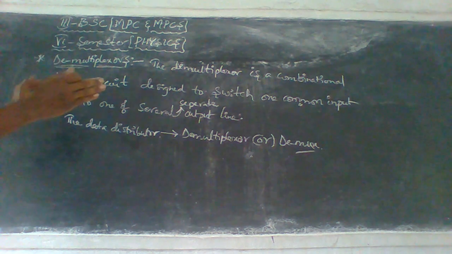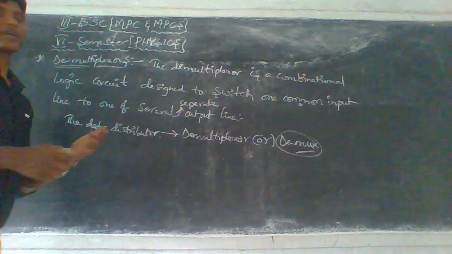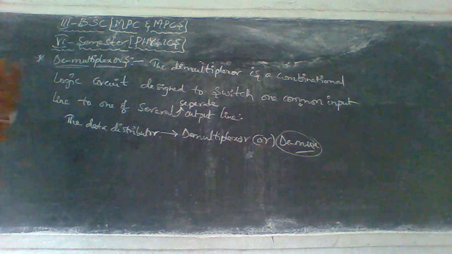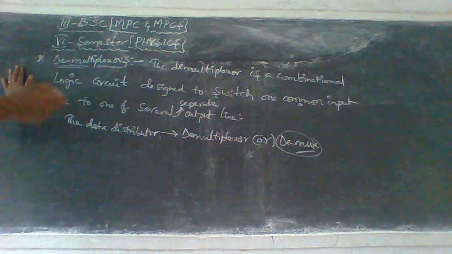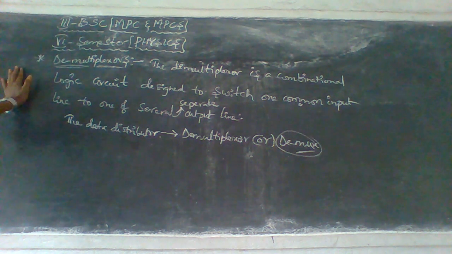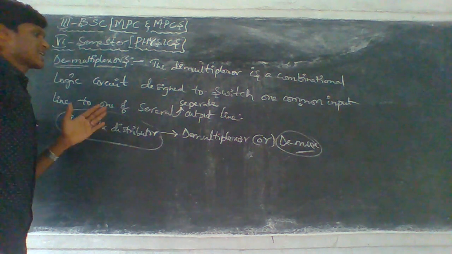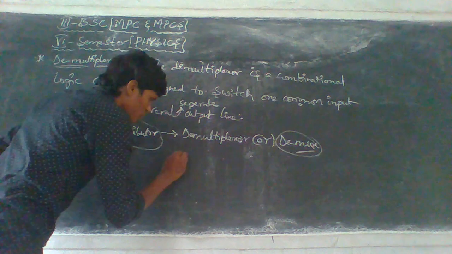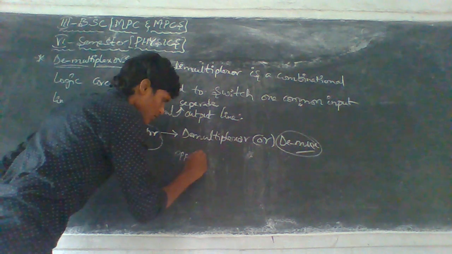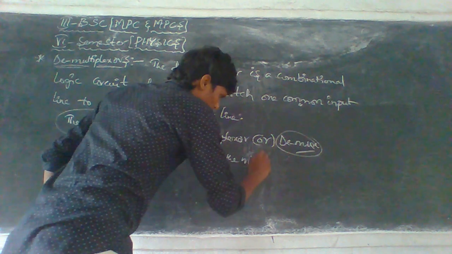DMUX for short, for demultiplexer. It is the exact opposite of the multiplexer.